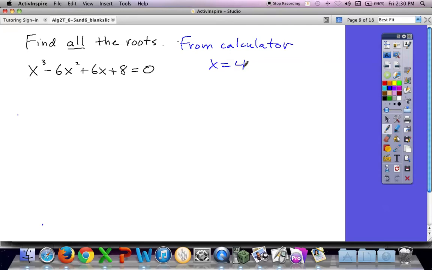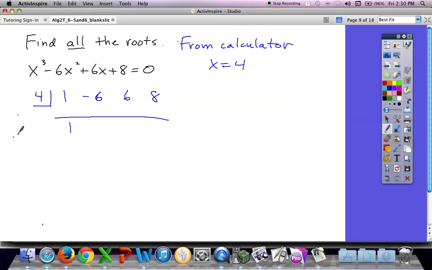Let's do synthetic division with that zero. Here are our coefficients: 1, -6, +6, and 8. Put a 4 in the bracket. Draw your line. Bring down a 1.